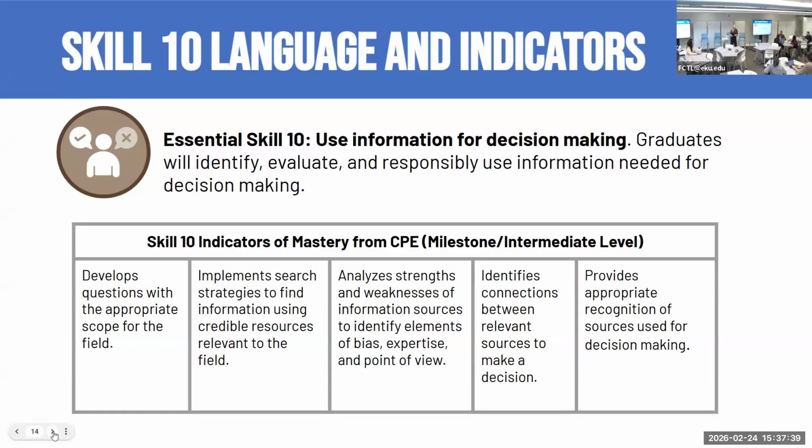And then they have these indicators: develops questions with the appropriate scope for the field; identifies connections between relevant sources to make a decision. These are some of the ways they think students might show mastery at the milestone level, at the general education level for us.